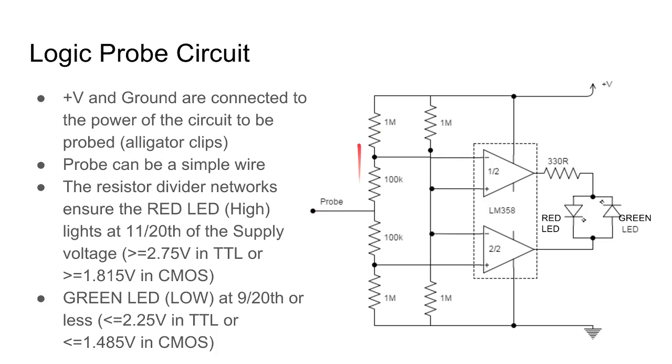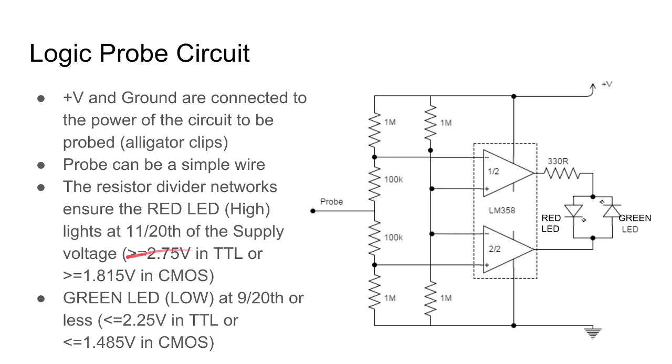So the resistor divider network here essentially inputs a certain fraction of the probed voltage into the op amps. So you'll find the red LED, which is the high level indicator, will light up at 11/20ths of the supply voltage.